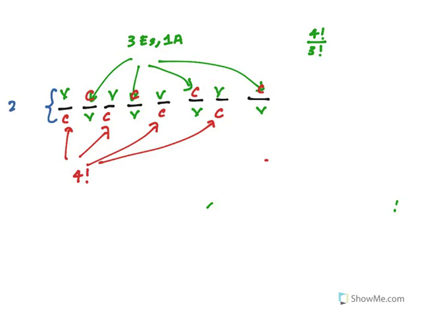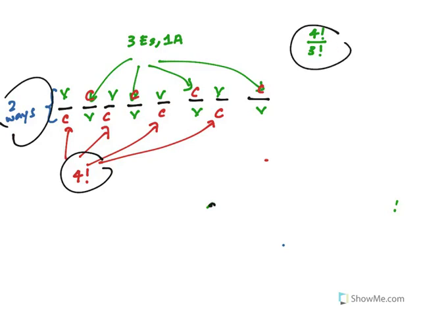So this is also another way, and you can see there are a total of 2 ways. Besides starting with the consonant, I can also start with the vowel. With that, my total answer is 2 ways times 4 factorial times 4 factorial over 3 factorial, and the answer comes out to be 192.